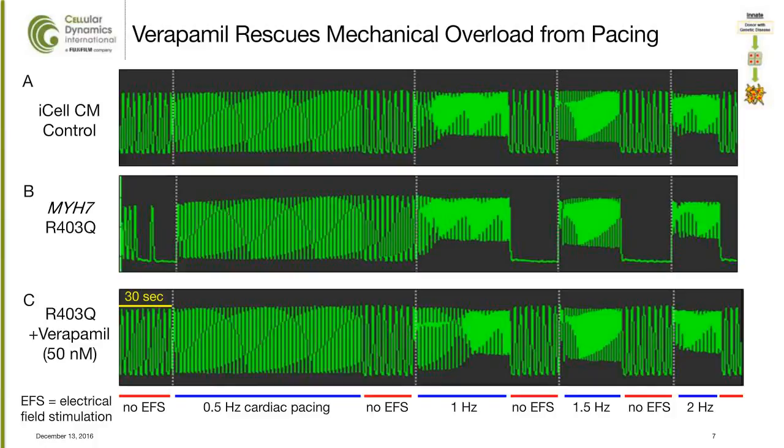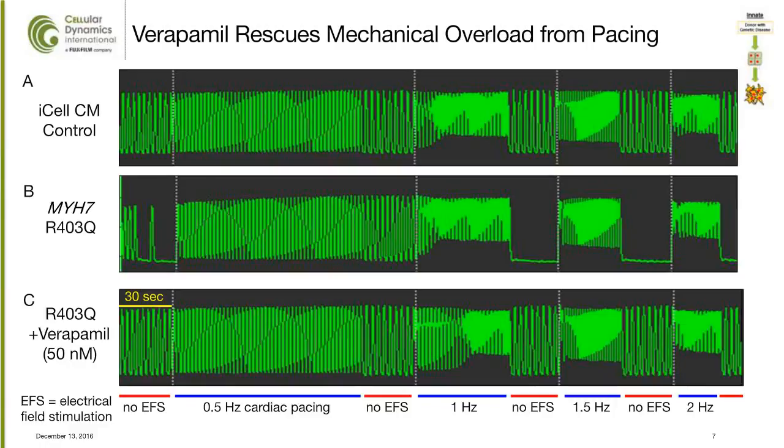However, when you look at the disease cells, the R403Q cells, at the lower frequencies of pacing, the cells recover when the pacing is stopped. However, when you increase to these higher frequencies, 1, 1.5, and 2 hertz, once you stop pacing, the cells do not recover. So this is a distinct phenotype that's shown in these cells.